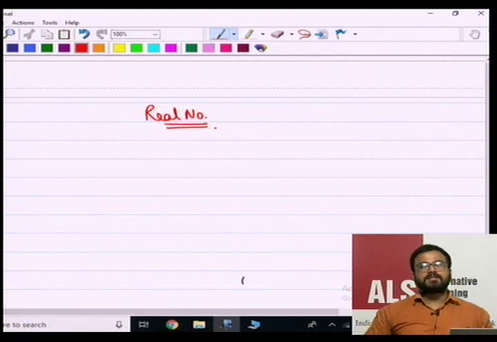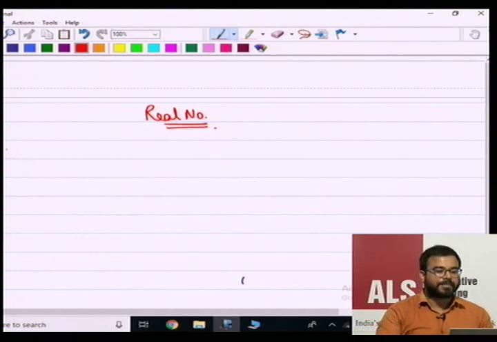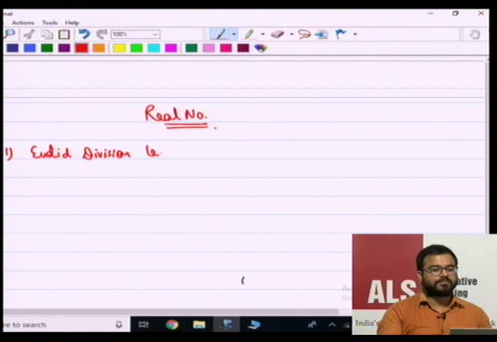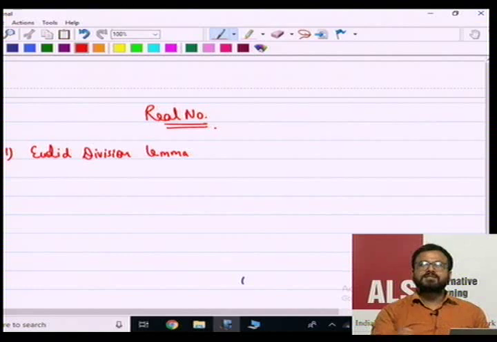So in this 10th class, in Real Numbers, we will discuss some topics like Euclid's division lemma.